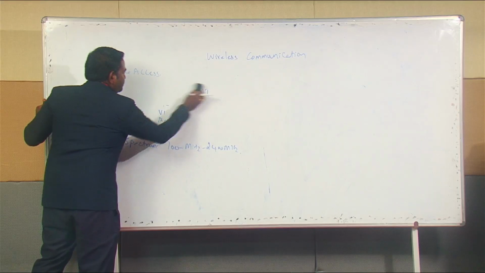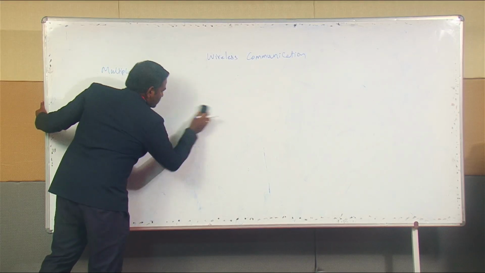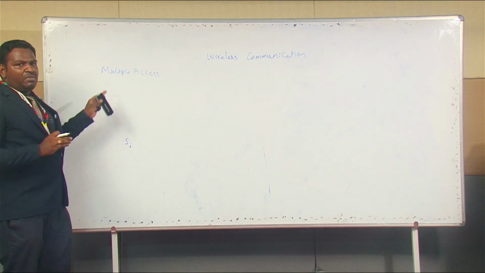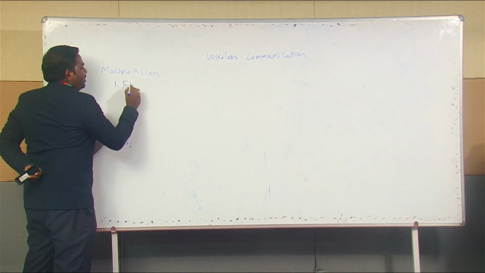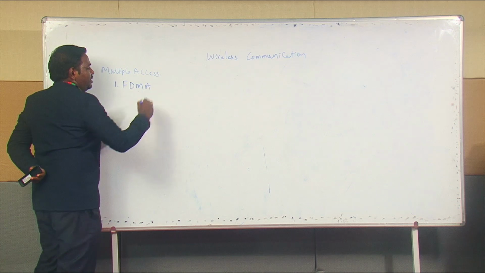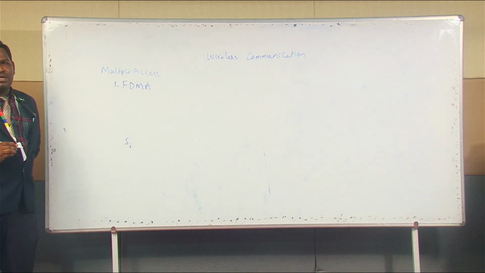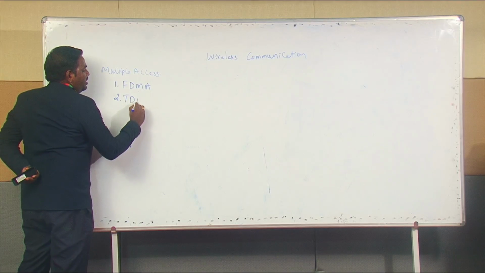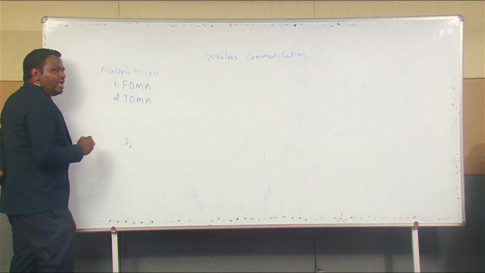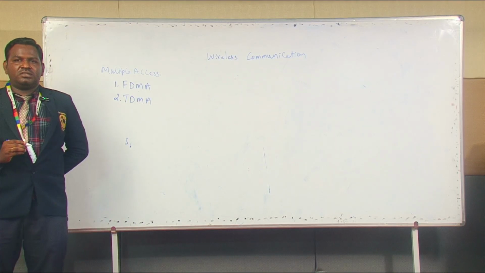So now, in multiple access techniques, the first one is FDMA, frequency division multiple access. The second one is TDMA, time division multiple access.